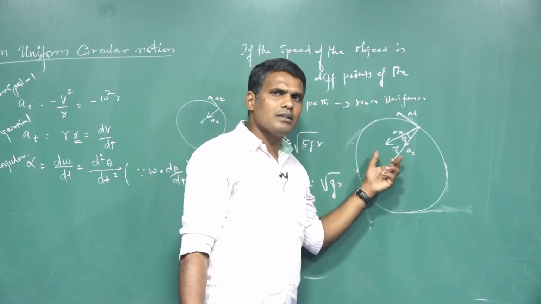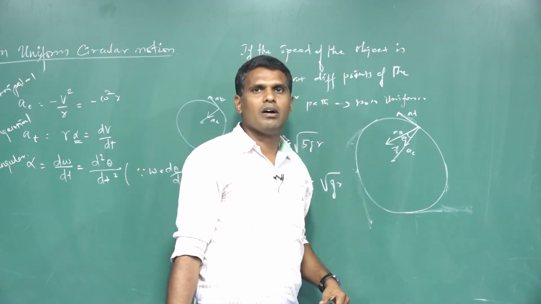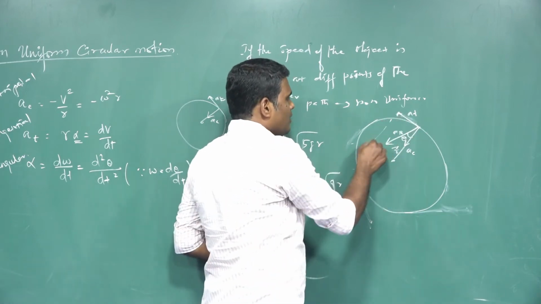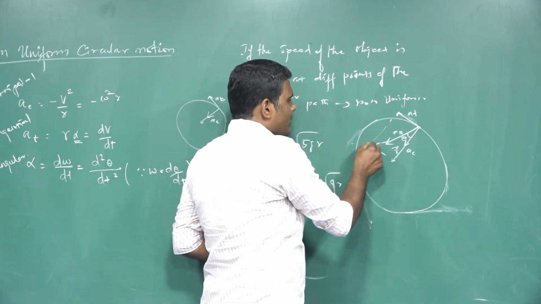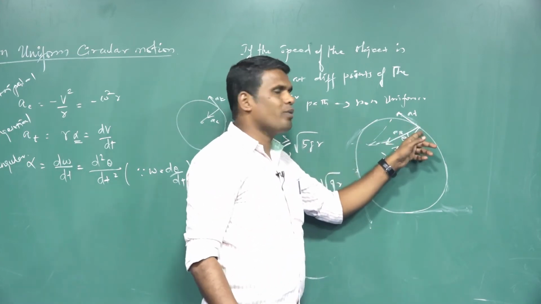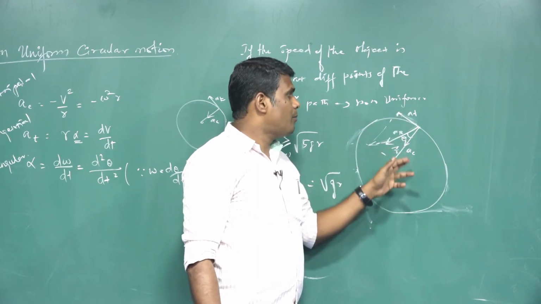Where will you get this relation from? From the triangular law of vectors or from the parallelogram law of vectors. If two vectors are along the two sides of a parallelogram, then the third vector will be acting along the diagonal, passing through the common tail of the two vectors. So resultant acceleration can be calculated by forming a parallelogram.